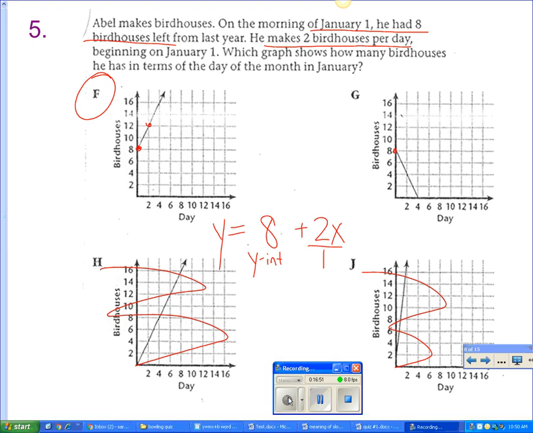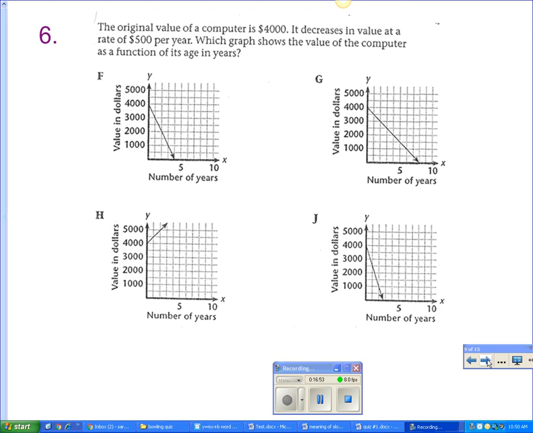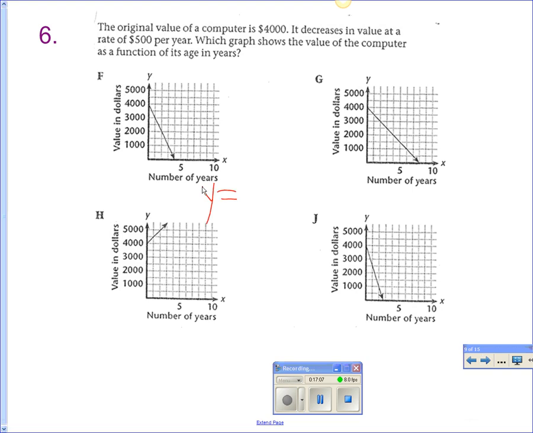Number 6. The original value of a computer is 4,000 and decreases in value at a rate of 500 per year. Which graph shows the value of the computer as a function of its age in years? Natasha, what do I want you to do first? Caitlin, what's it starting at? Okay, what else would I put in my function, Caitlin?